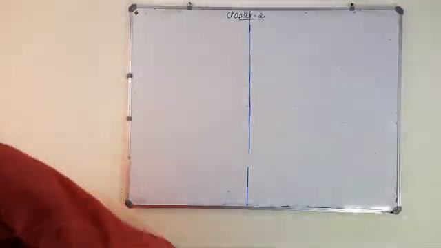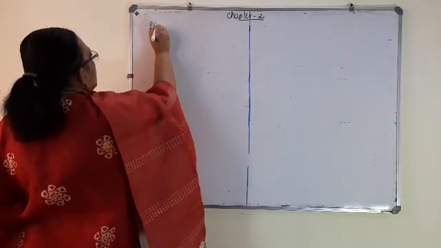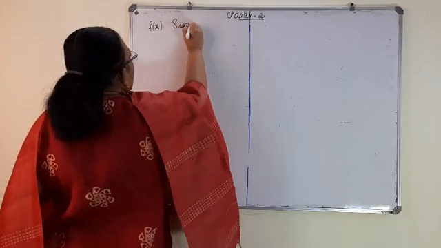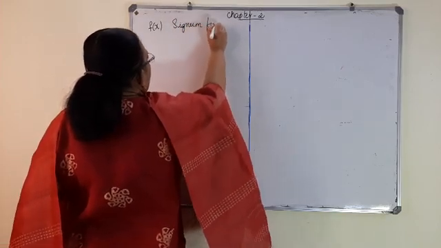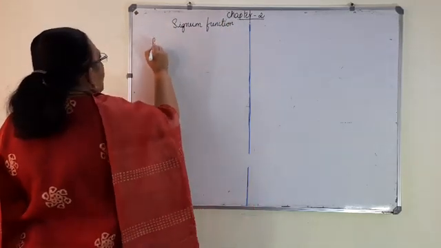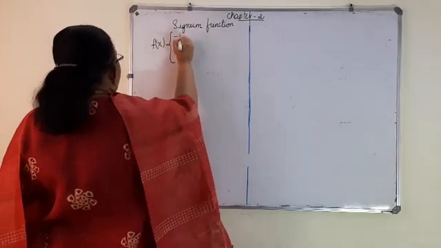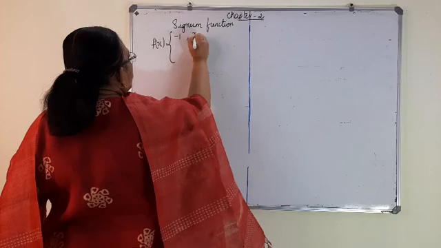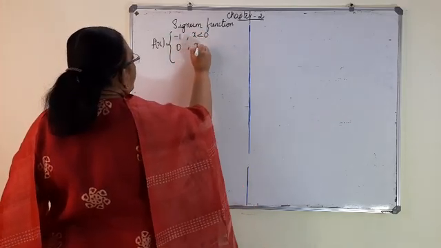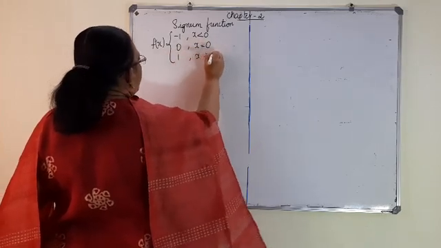The function is given in the form f of x, the signum function. f of x is equal to minus 1 if x is less than 0, equal to 0 if x is equal to 0, equal to 1 if x is greater than 0.